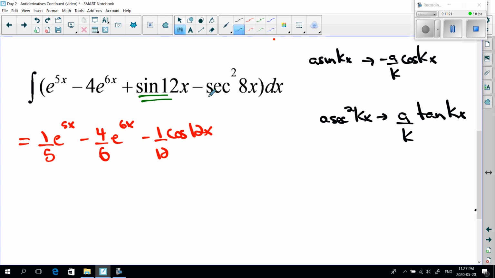My a value is negative 1, my k value is 8, so this would be negative 1 over 8 tangent 8x, and now I'll write my plus c.